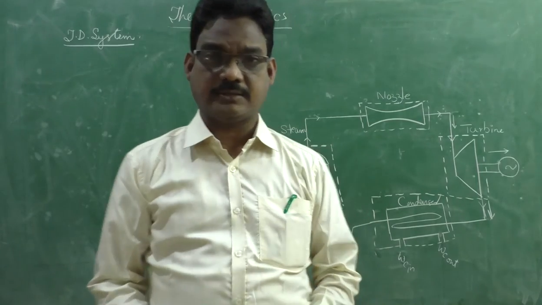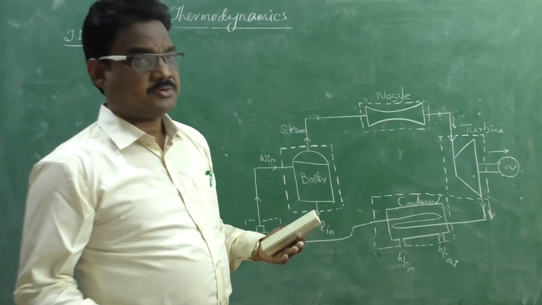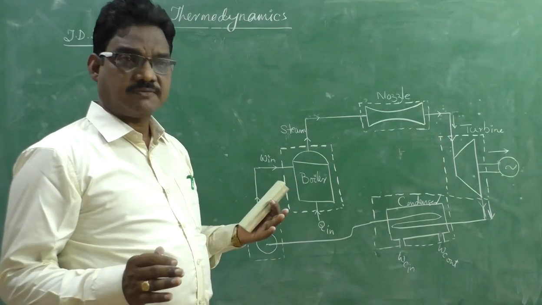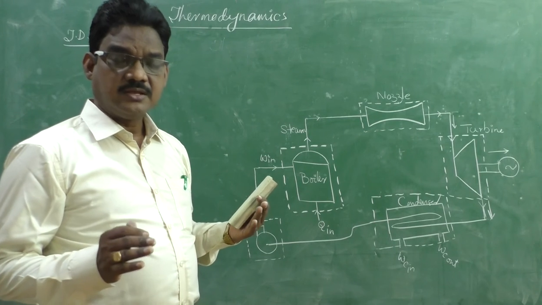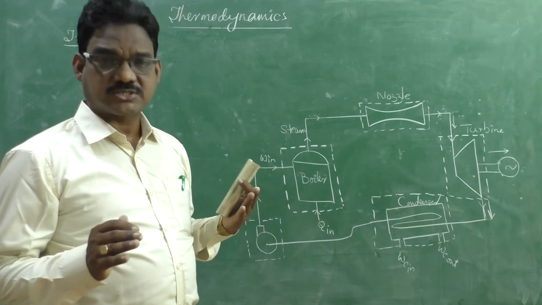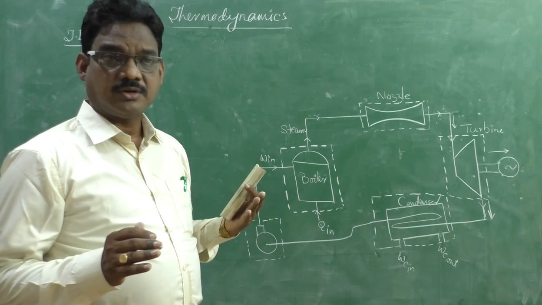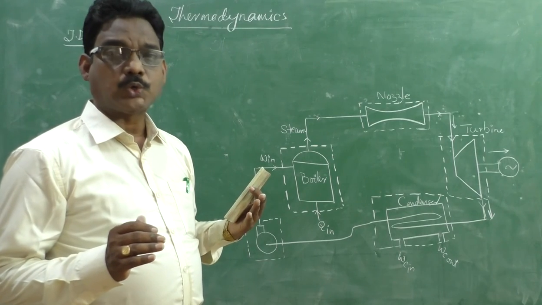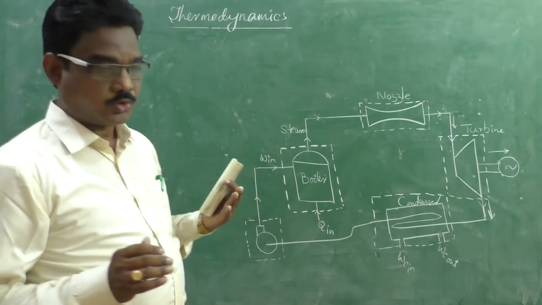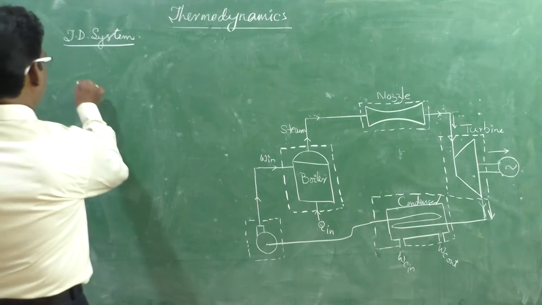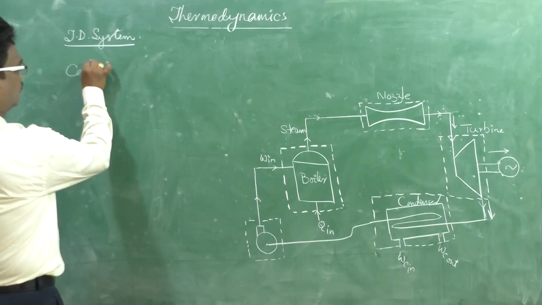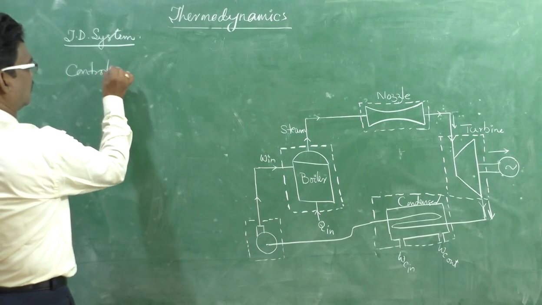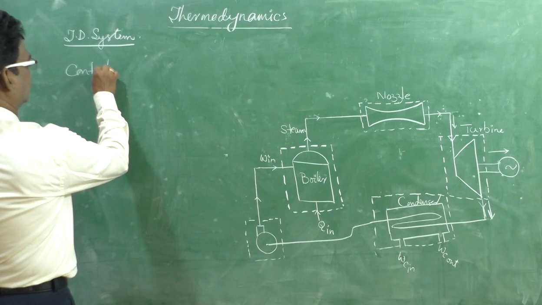We consider it like that. That means, if you consider the same boundaries with constant control surfaces for a flow system, the system can be called a control volume, CV. When will it be called a control volume?